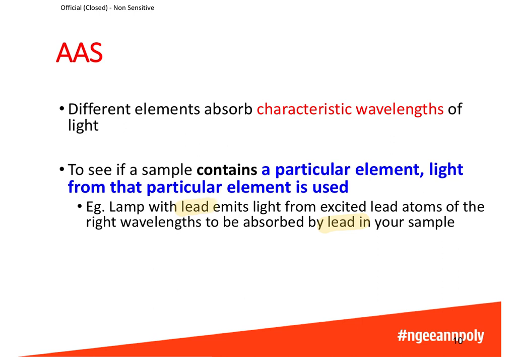This is because when excited lead atoms fall back to the ground state, they would emit light of a characteristic wavelength, for example, 217 nanometers. And this is exactly the correct wavelength that needs to be absorbed by the lead in the sample.